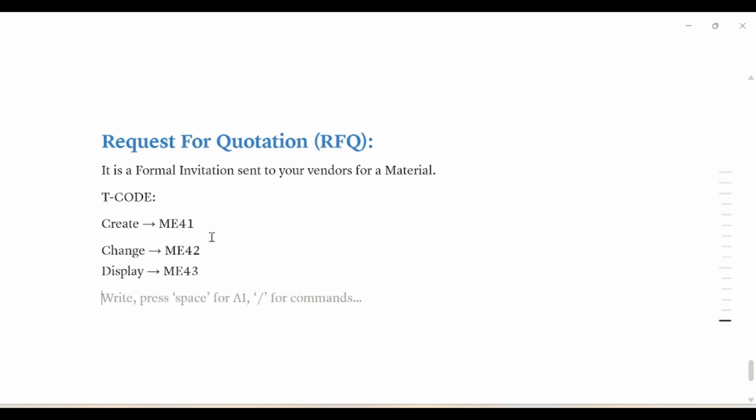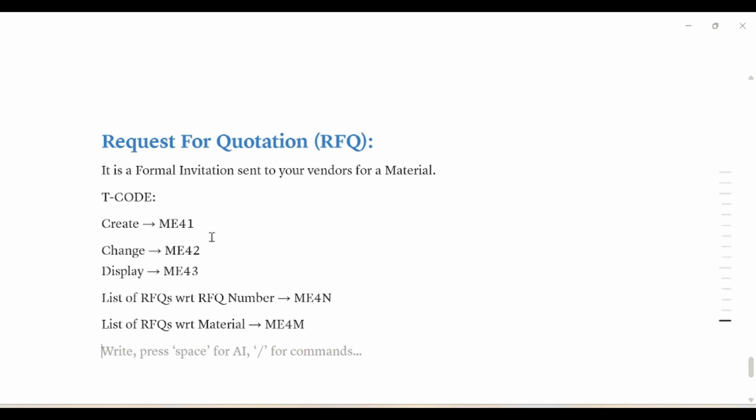And if you want to see a list of RFQs with respect to RFQ number, you will use T code ME4N. Similarly, for a list of RFQs with respect to material, use T code ME4M.